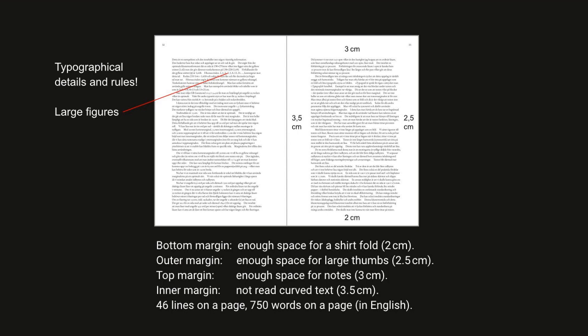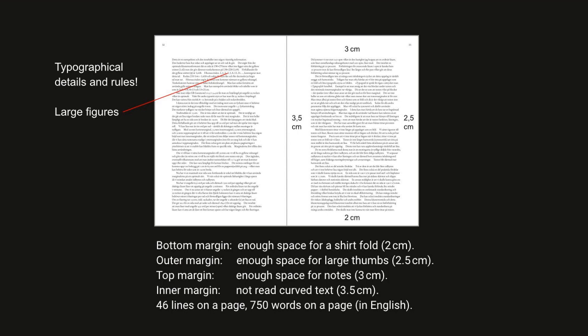The inner margin should be well sized so that you don't have to read curved text. This differs between different bindings. For books with thread binding that are easier to unfold, you can have a slightly smaller margin. And for extensive books with glue binding, the inner margin needs to be larger. I let the Word option determine the inner margin.